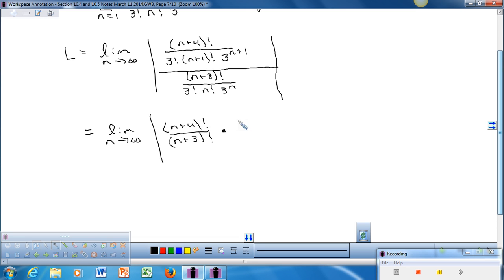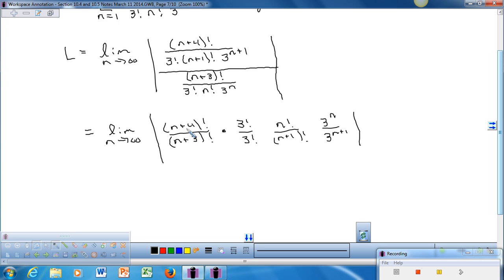So I'll have a 3 factorial over a 3 factorial. That takes care of that. I will have an n factorial over the (n plus 1) factorial, and I will have a 3 to the n over 3 to the n plus 1. These are all multiplied, correct? Yes, because everything in there is multiplication, so we're just rearranging things.